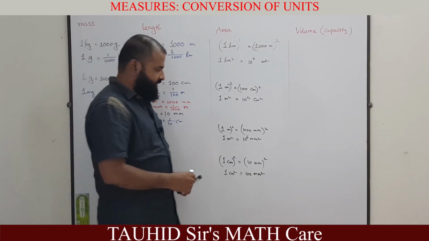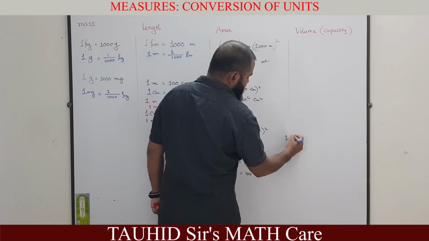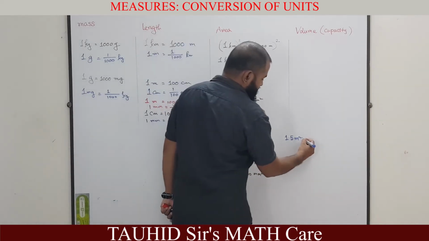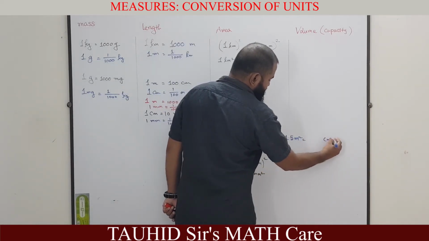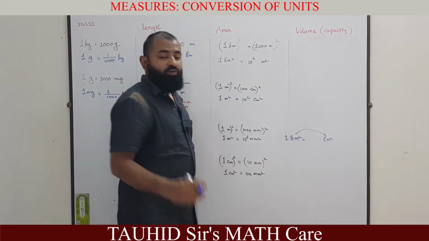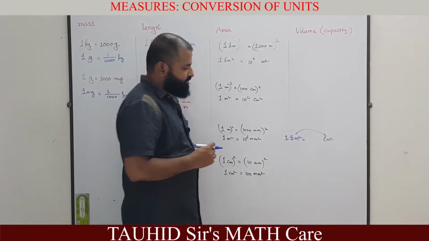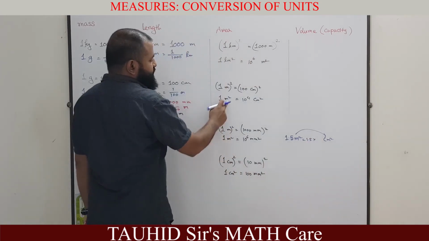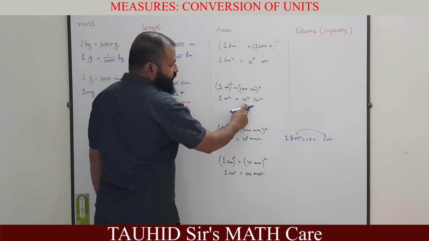For example, you need to convert an area of 1.5 meter square to centimeter square. Meter square to centimeter square, we are going to a smaller unit. So what should we do? We will multiply: 1 meter square equals 10 to the power 4 centimeter square.